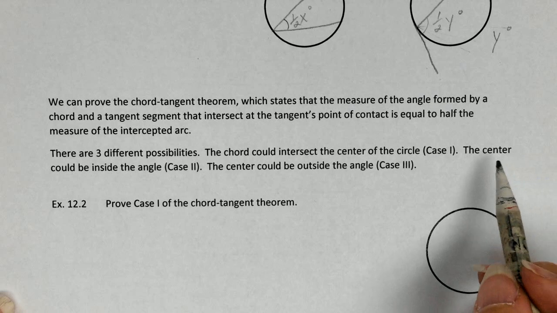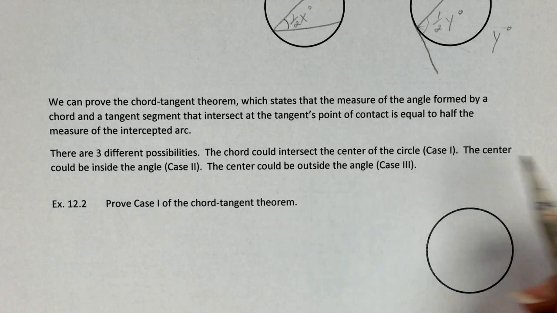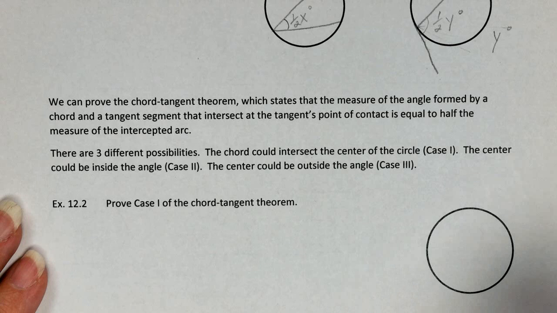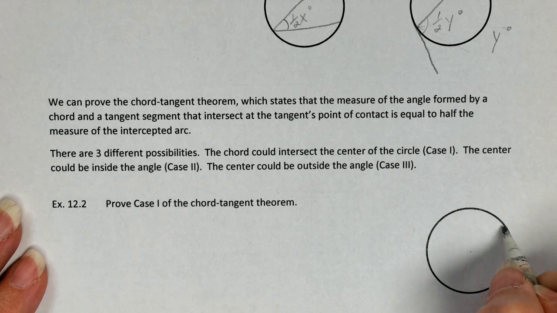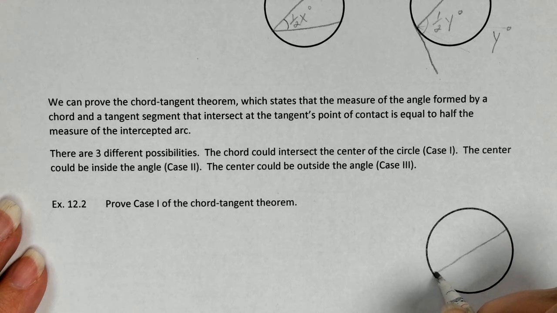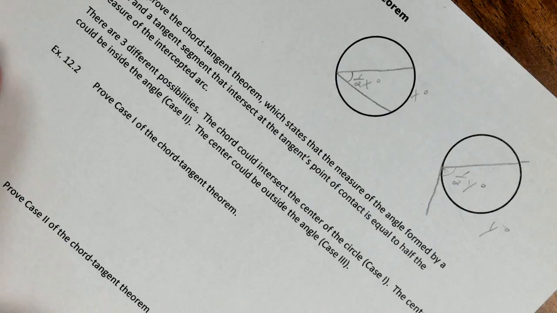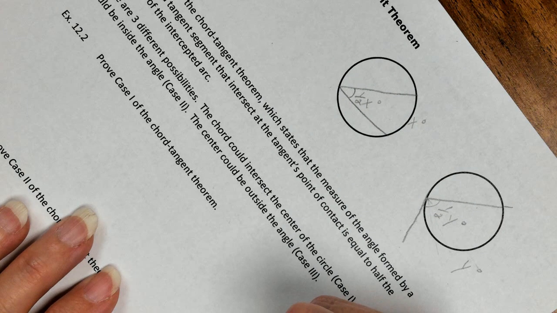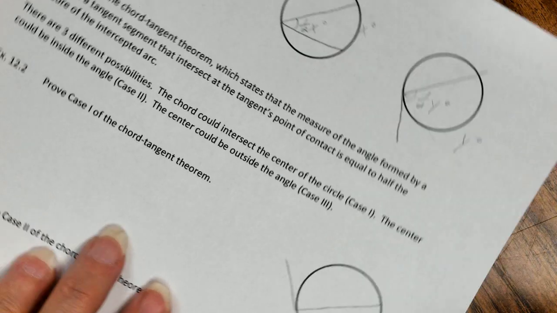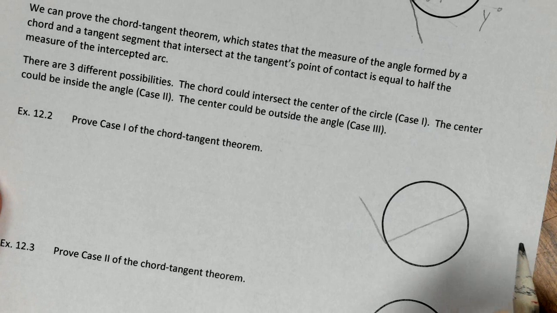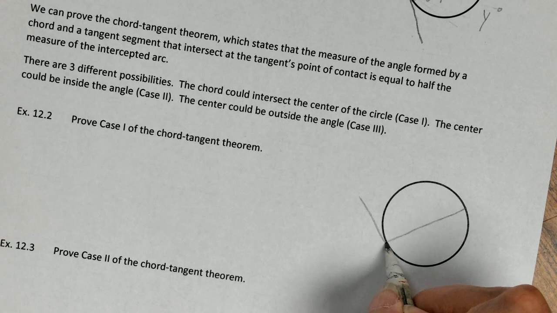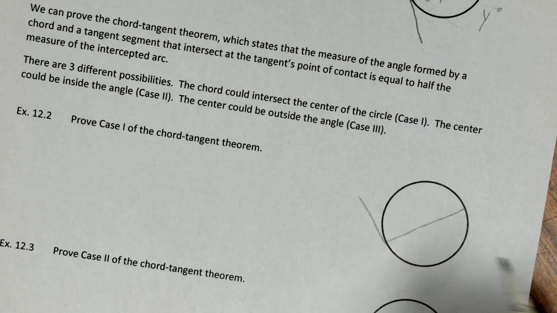So case 1 would be that the chord could be right through the center of the circle. There's our chord, and here's a tangent. Tangent to the circle, which just means it touches it at only one point.